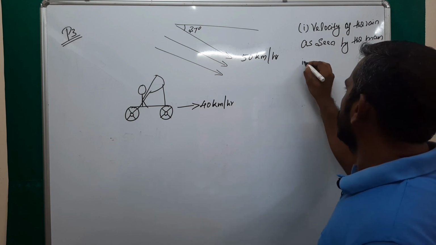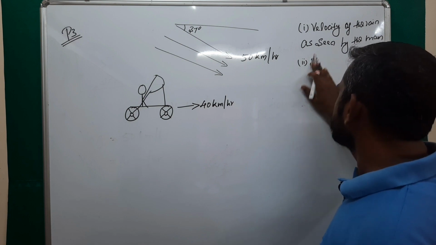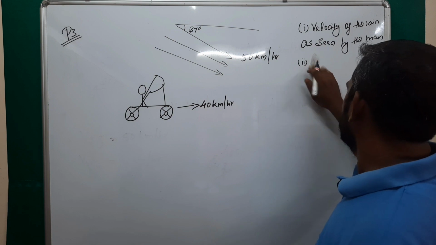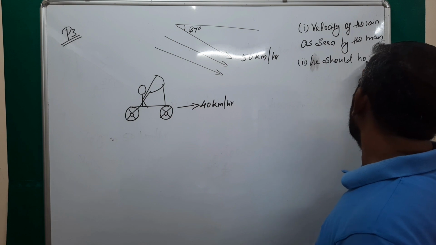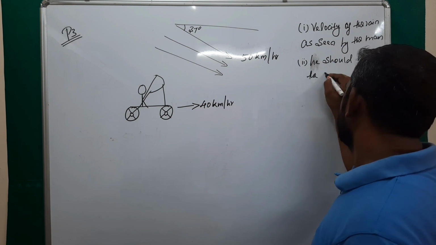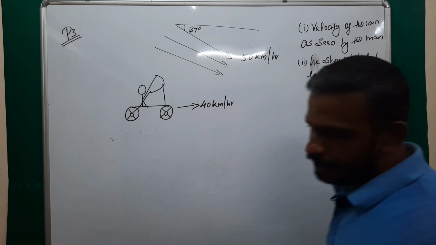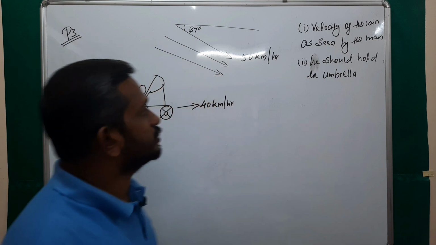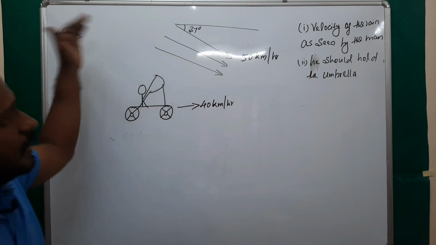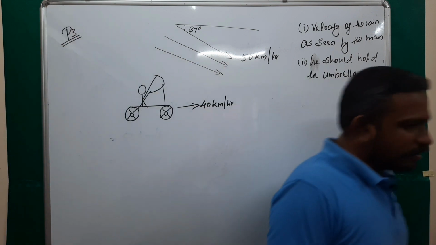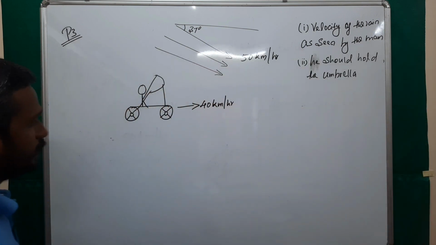Second question: in what direction he should hold the umbrella to escape from the rain? Here rain is falling at a certain angle, so we have to make use of component vector form.